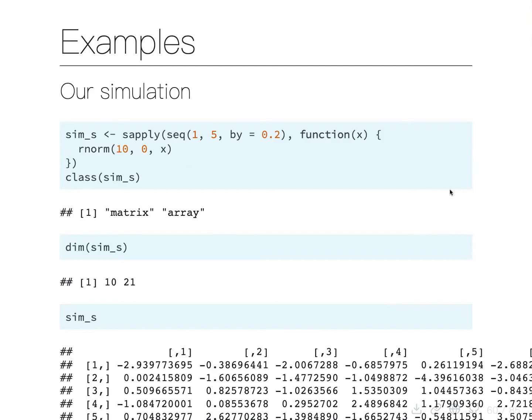I do that whole thing in one line of code, and what I get back is this giant matrix. Again, this is pretty nice. We get 10 rows and 21 columns. Each column is a new set of 10 observations from the corresponding distribution.